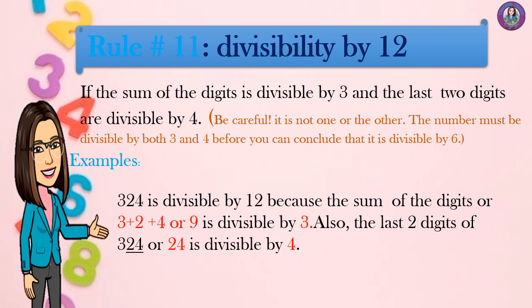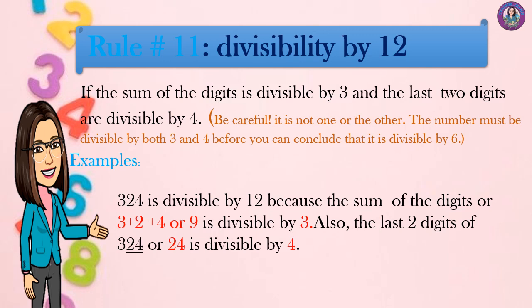Also, the last two digits of 324 are 24, and 24 is divisible by 4. So 324 is divisible by both 3 and 4. Therefore, it is divisible by 12.